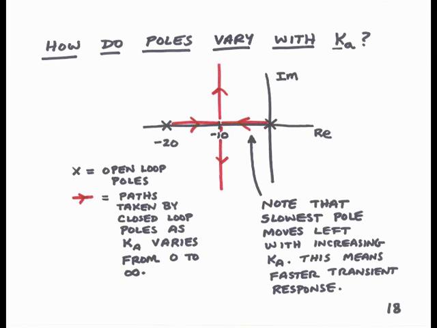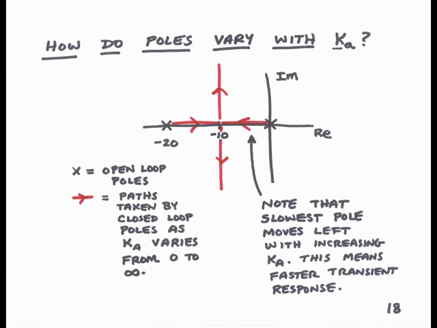The pole at 0 is moving to the left, and the pole at minus 20 will move to the right. The two poles will meet at minus 10, and then for larger values of ka, they will become complex, and then move vertically in the complex plane. So their imaginary values will change, and they will be complex conjugates, but their real value will be constant.